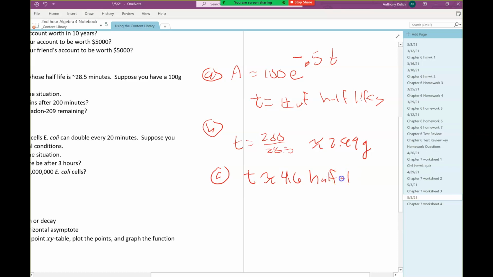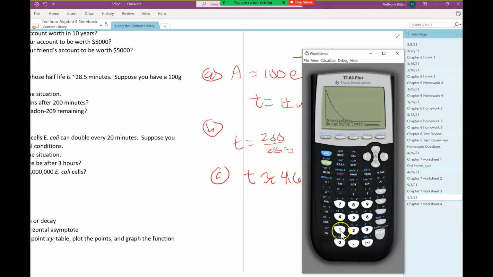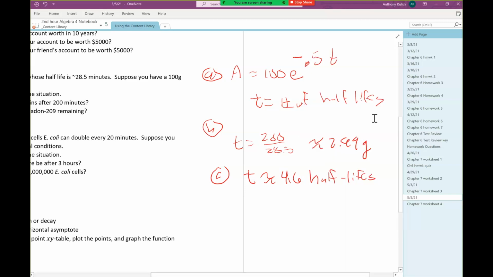But remember that the t is half-lives. So I need to convert that into time because it's asking for when. So I'll just take that 4.6 and multiply it by the half-life, which is 28.5, to get about 131.1 minutes.